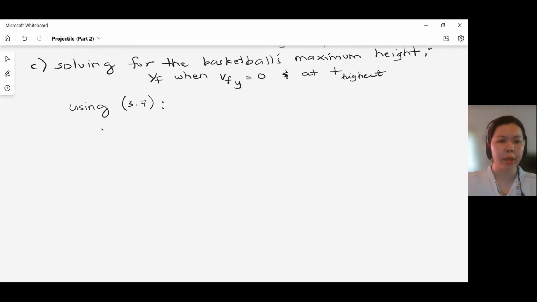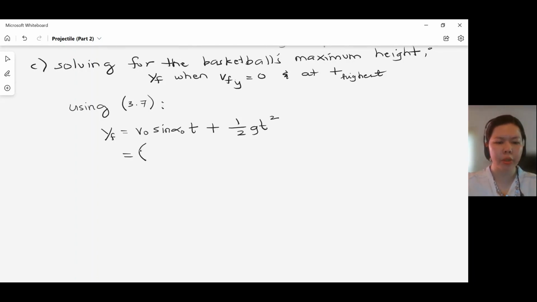We have Yf is equal to V naught sine alpha naught times time plus 1/2 GT squared.